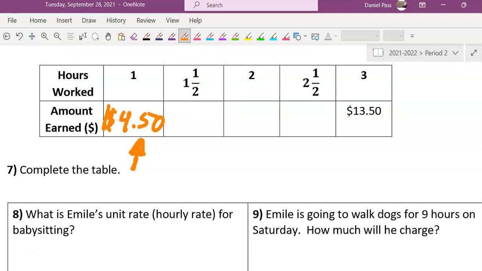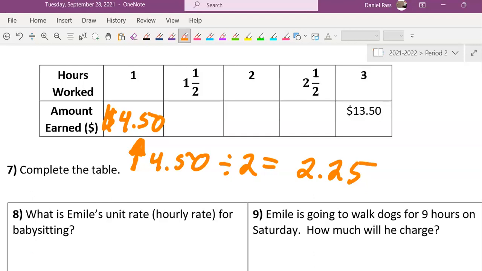So, what do we get when we divide it by 2? $2.25. Right. So let me just write it out so we have it here. 4.50 divided by 2 equals $2.25. Okay, good. Now, what's 1.5? How would you do it? $4.50 plus $2.25. Right. So we just keep adding a half hour.